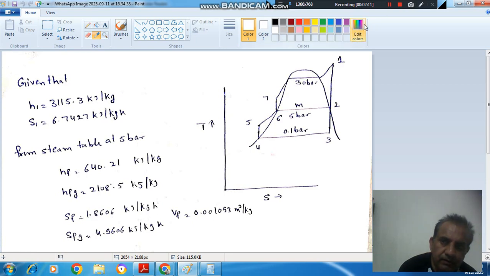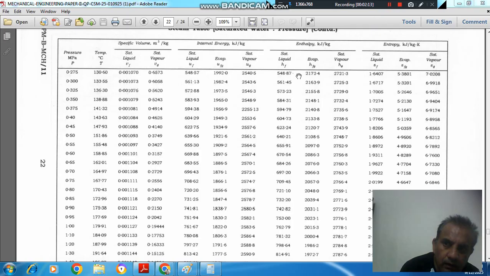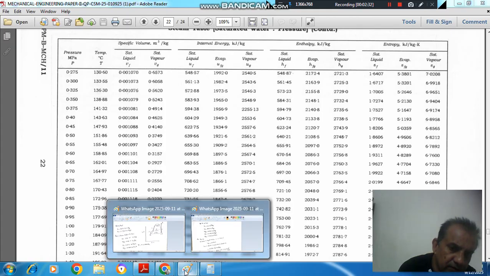So here the steam table is attached, and the steam table is in MPa. So 0.5 MPa means 5 bar. So at 0.5 MPa we can see that HF is 640.21, HFG is 2108.5 and so on. So we can note down these properties.